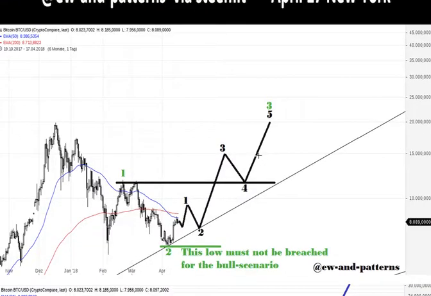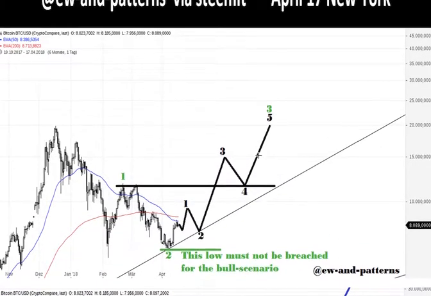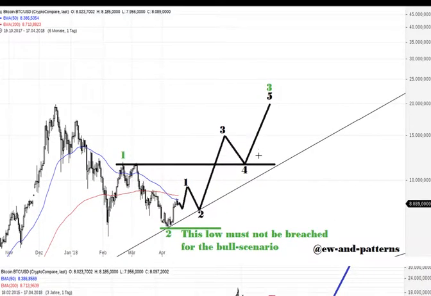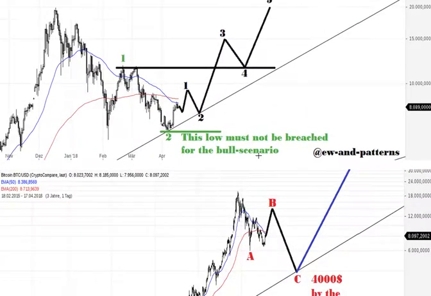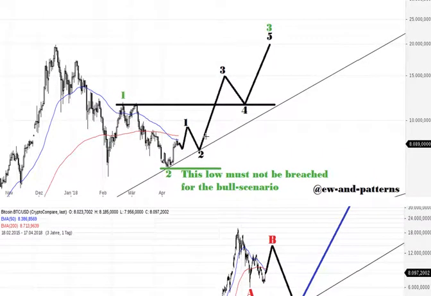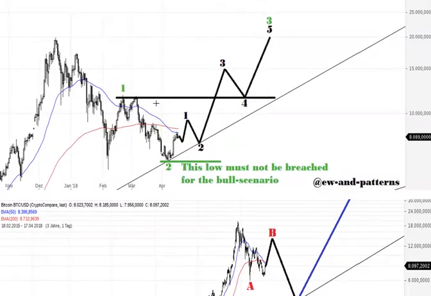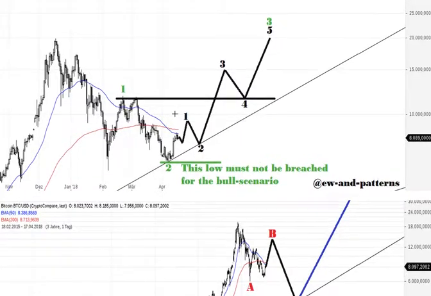We have EW and patterns. He updated his illustrations today, actually about an hour ago, and he mentioned that this low must not be breached, which is the 6,420 area. We're currently about 8,000, and as long as it's not breached, he sees these patterns 1, 2, 3, 4, 5 working out, where again, if we get to that critical 11,700 area here, he sees this as his bullish scenario.